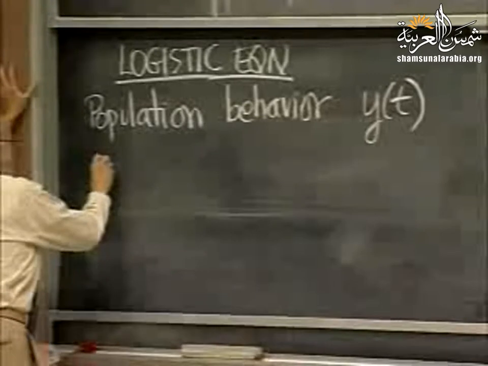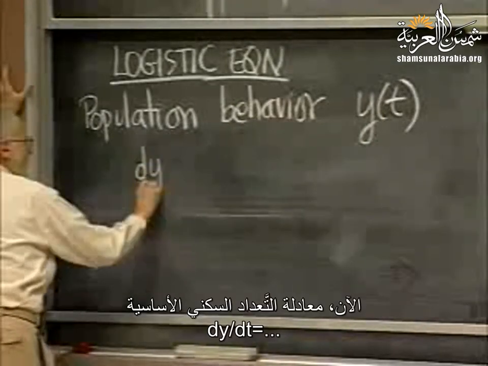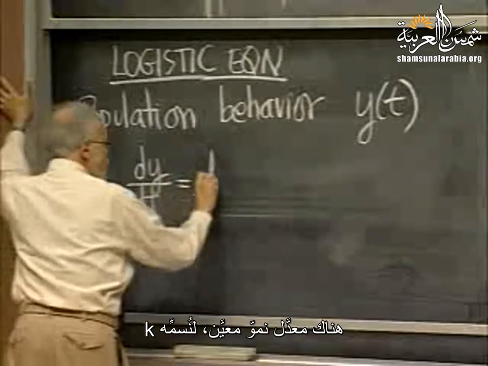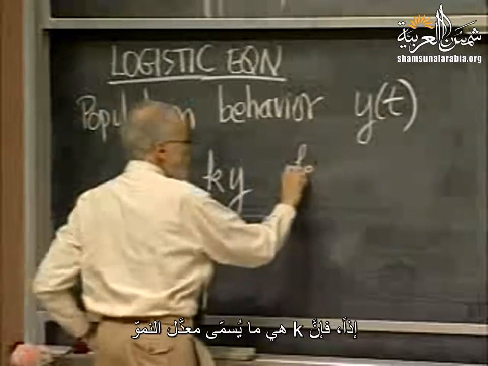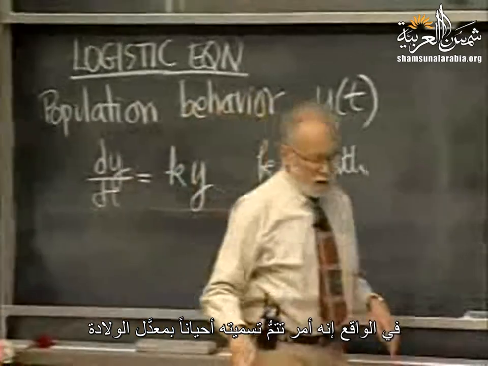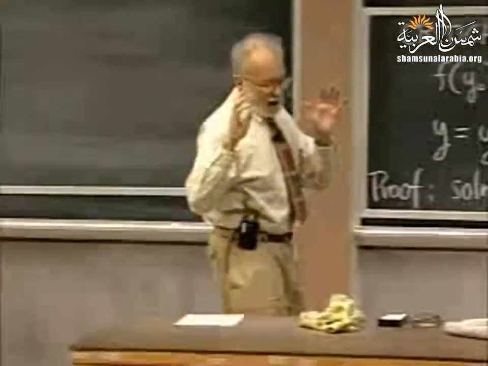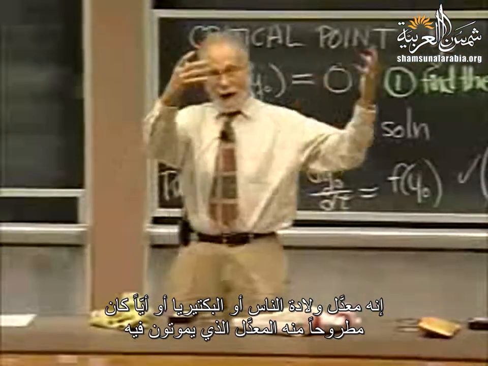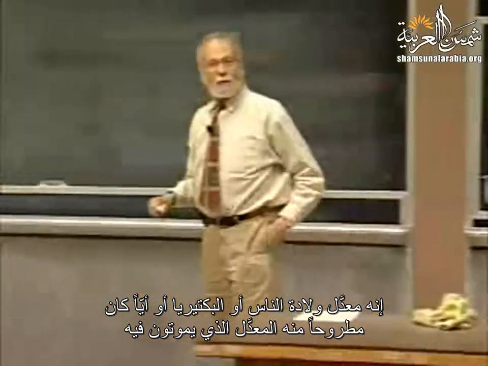Now, the basic population equation runs dy/dt equals k y. There's a certain growth rate, let's call it k. Sometimes it's talked about in terms of birth rate, but it's the net birth rate: the rate at which people or bacteria or whatever are being born minus the rate at which they're dying.